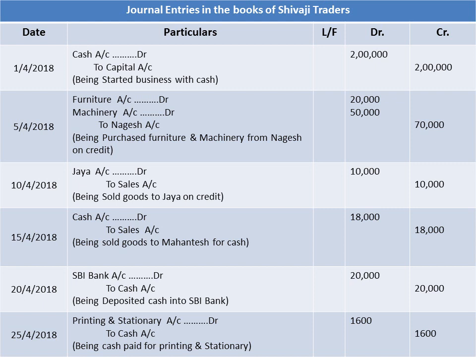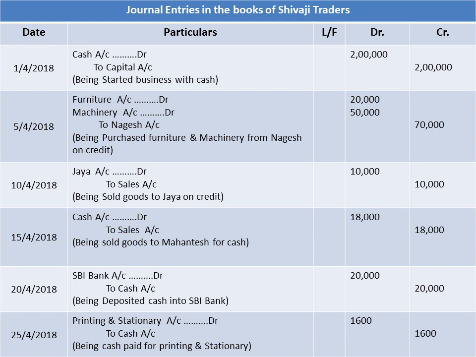Second transaction is that purchased furniture of rupees 20,000 and machinery of rupees 50,000 from Nagesh on credit. In the second transaction also, we write furniture account debit, machinery account debit to Nagesh account.